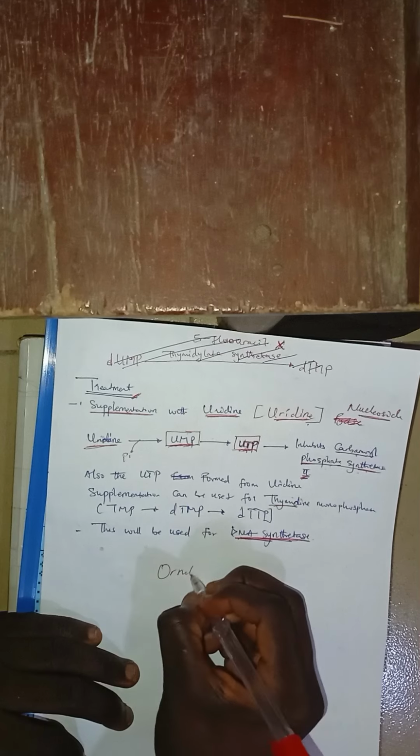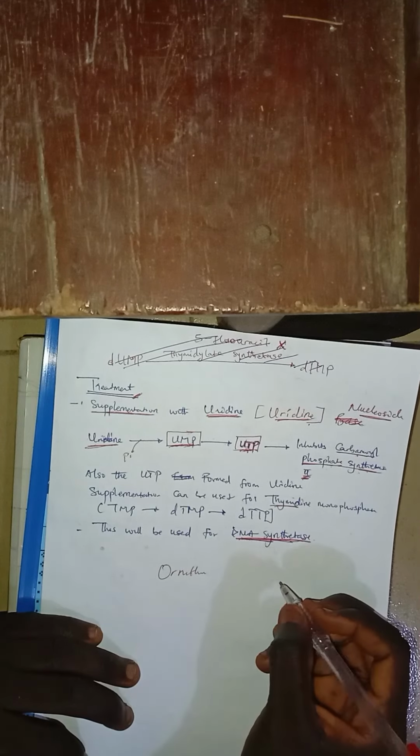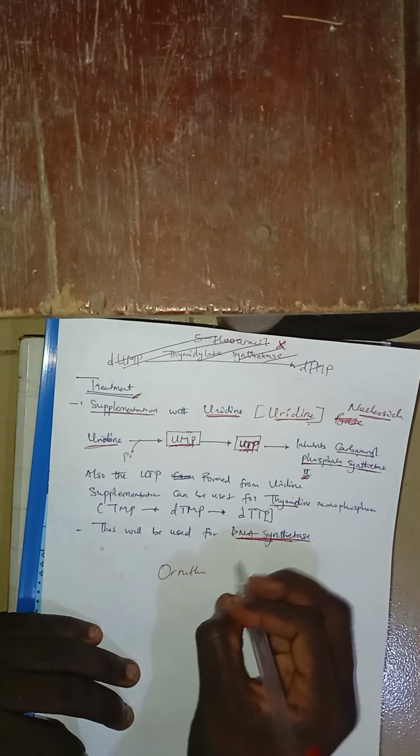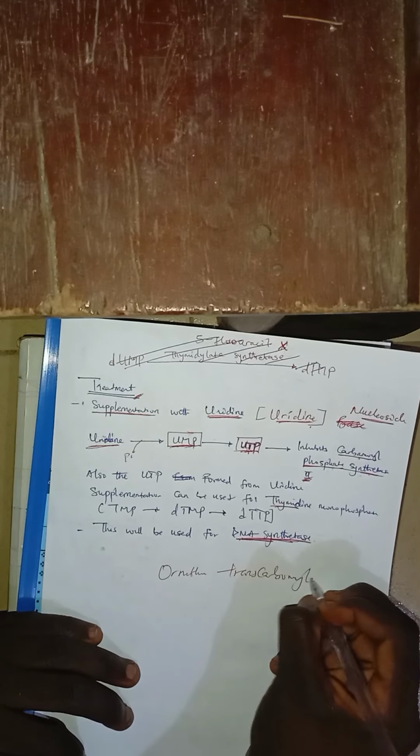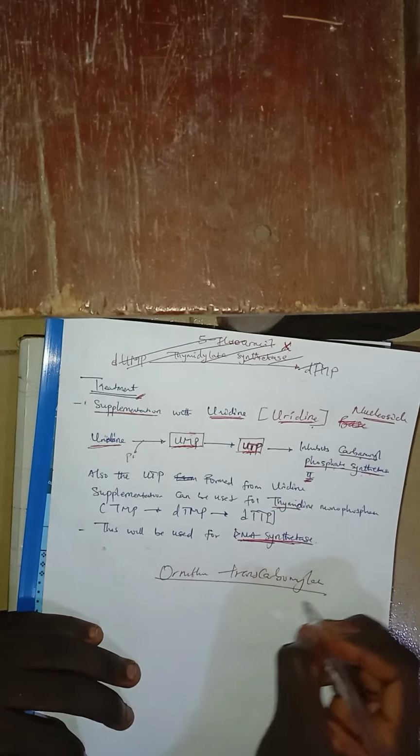All right, good. Now, for the secondary cause, ornithine transcarbamylase deficiency, if you check the urea cycle pathway, if this enzyme is defective, what will it lead to?